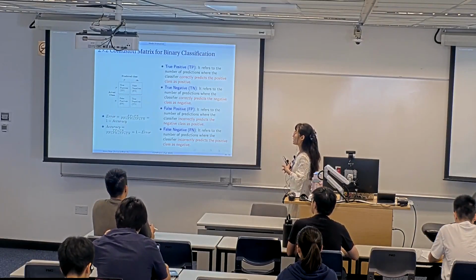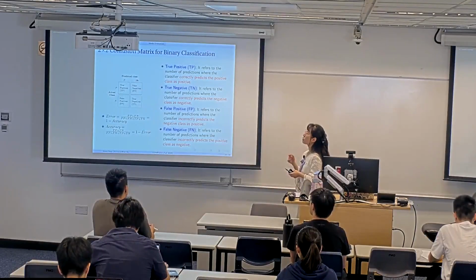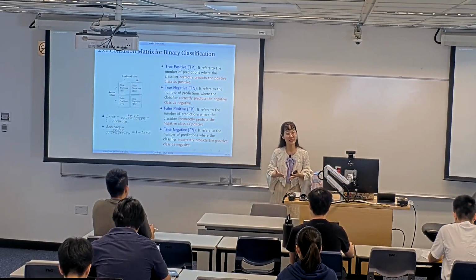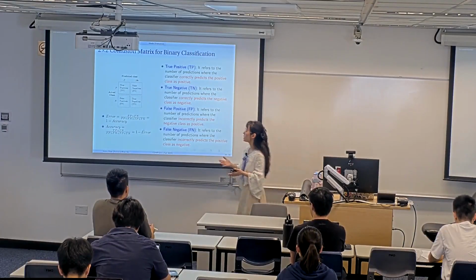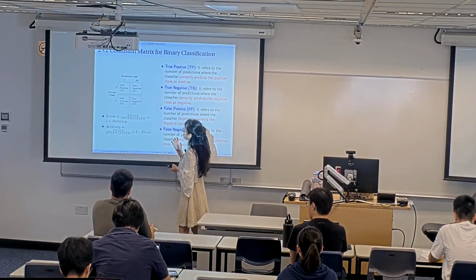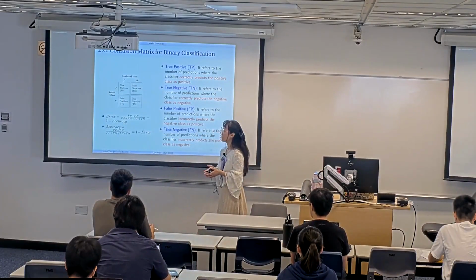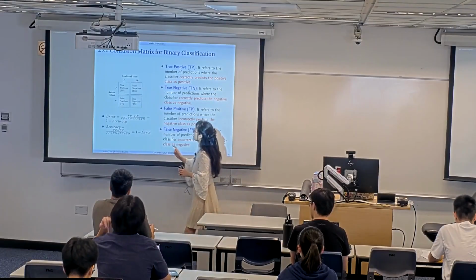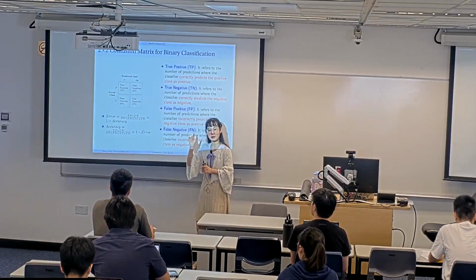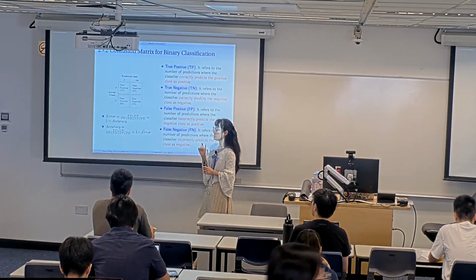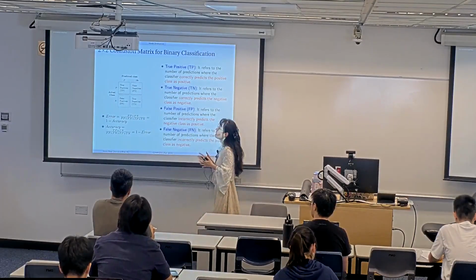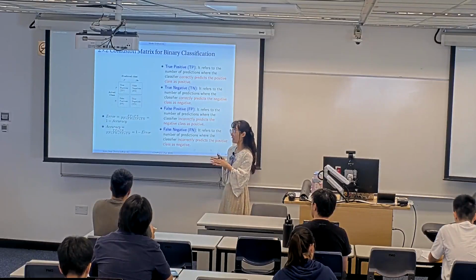Note that if we want to evaluate the model, we have to compare the prediction with the true labels. So here, the rows represent the actual class or the true labels, which of course can also be positive or negative. The first row represents all the testing data samples that have positive as actual class, and the second row are all the testing data samples that have negative as their actual class.